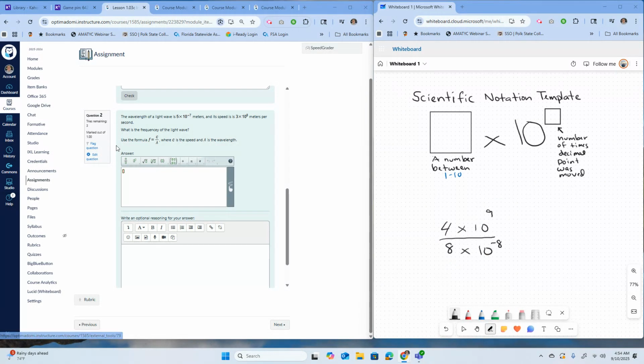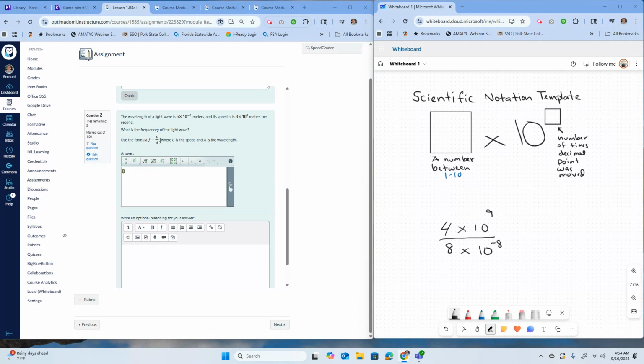In the next problem, problem number 2, they're asking you to use this formula, which is going to calculate the frequency based on the speed of the light and what is called the wavelength. That weird symbol is a mathematical symbol called lambda.